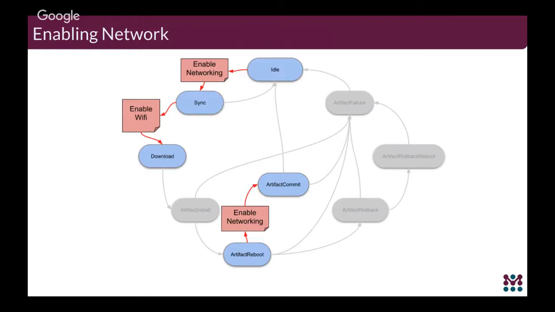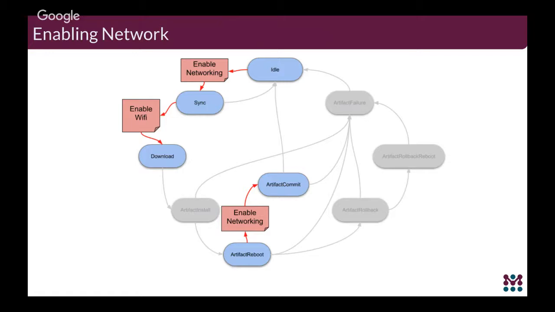And another possibility is to help with power. You might want to enable networking only periodically. So you would set up a sync enter script or an idle exit script to enable networking before trying to communicate with the server. That allows you to keep the networking devices disabled for longer periods of time for power savings and the like.